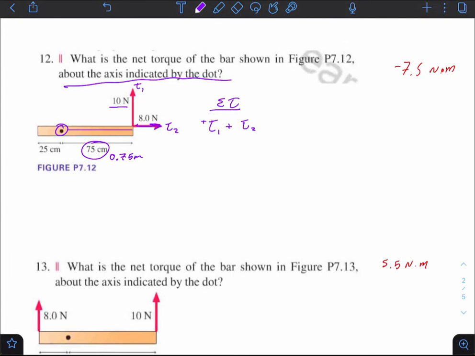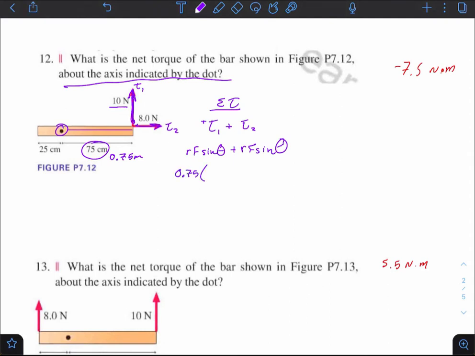So now, again, remember that your equation is not just r F, but r F sine theta. And if it's not perpendicular, don't forget your sine theta. In fact, don't ever forget your sine theta, and you won't make the mistake of forgetting it. So r F sine theta, where radius is 0.75 for both of them.